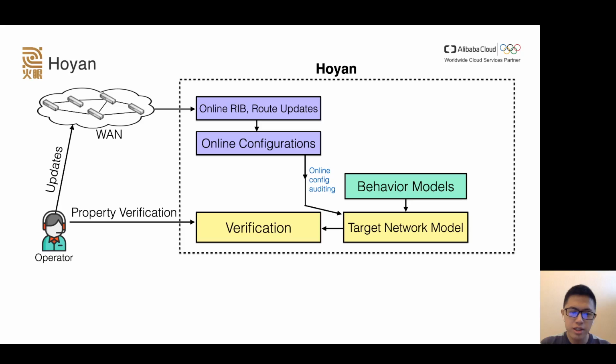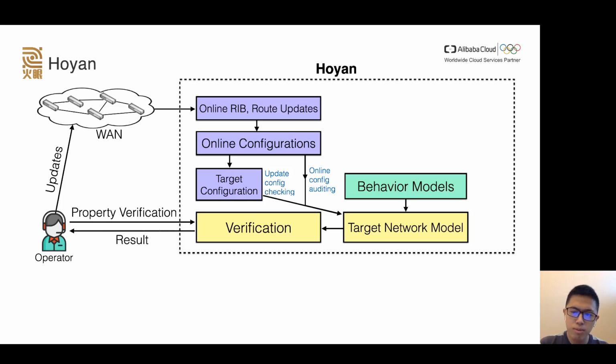For the update verification case, the operator sends the update plan to Huoyan, and Huoyan simulates the updated network model. Finally, Huoyan checks whether this updated network model meets the property of interest before the update task commits to the network. If the update can cause misconfigurations, the operator is able to get the result from Huoyan ahead of time.